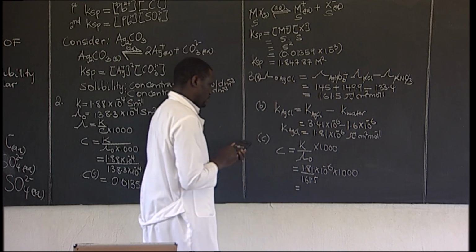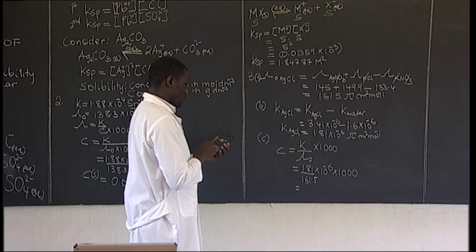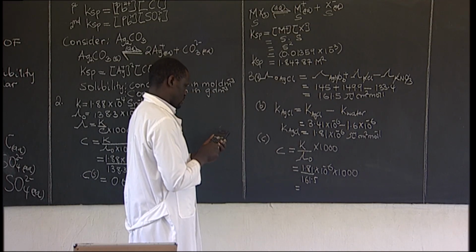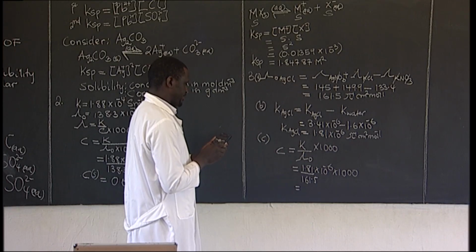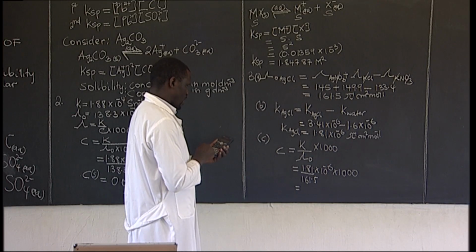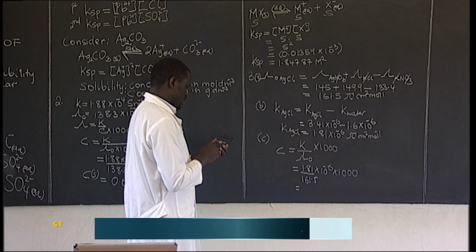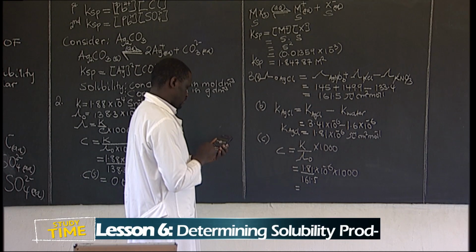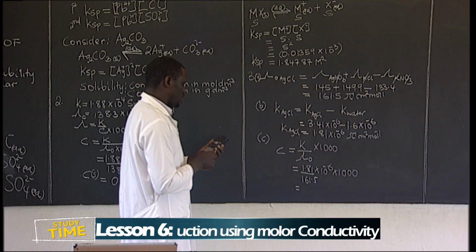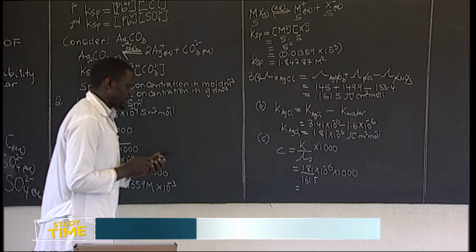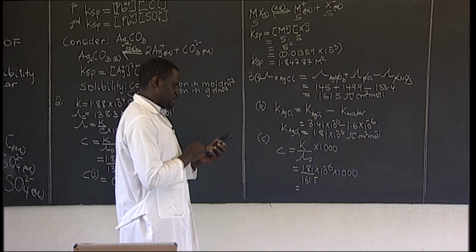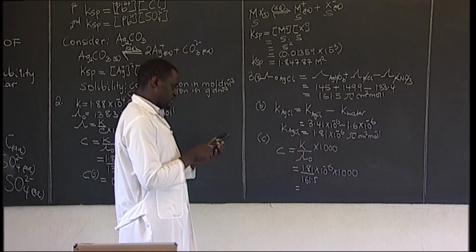So we can say 1.81 divided by 161.5. You can try out and see if you can get the same answer, times 10 to the power negative 6. So this is physical chemistry.